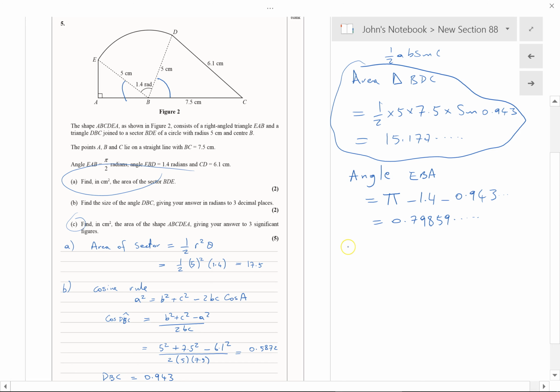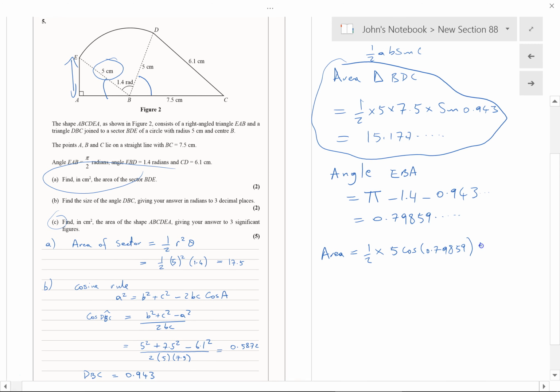We've got the hypotenuse of the triangle, so the area is equal to half times this side BA, so times 5, times cos 0.79859, times this side, which is 5 sine 0.79859.